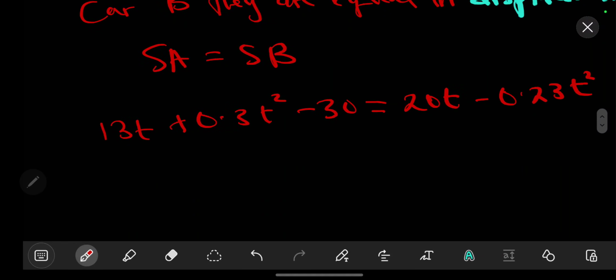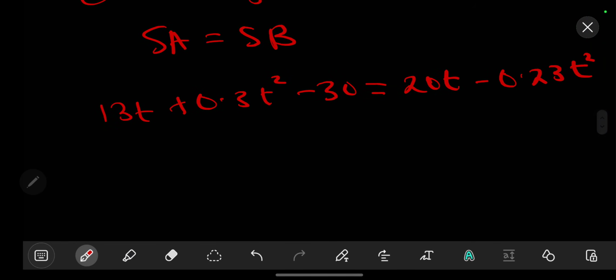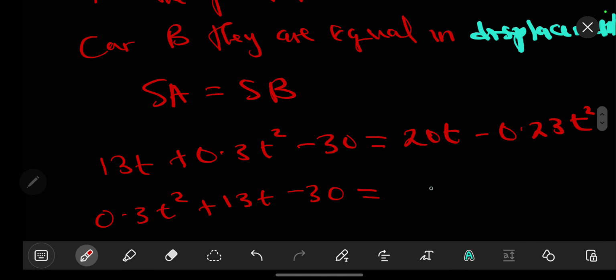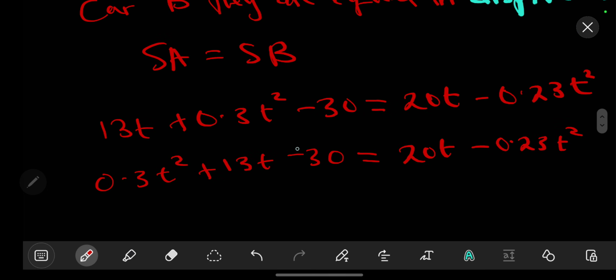So we can solve this equation simultaneously. Let's just rearrange this. We have 0.3 t squared plus 13t minus 30 should be equal to 20t minus 0.23 t squared. Let's take this value the other side.